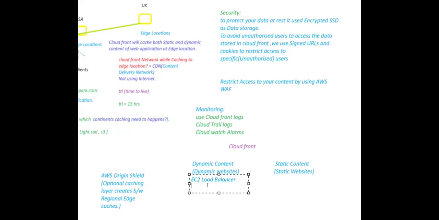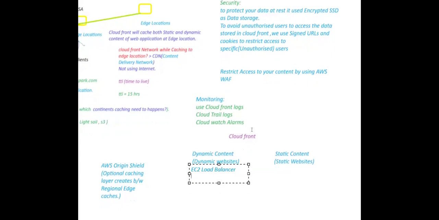By using that, I created my server. Now I want to cache my servers. Can I cache this by using CloudFront? Yes, you can cache your server's content, whatever the dynamic content which is stored under your servers, by using this CloudFront.